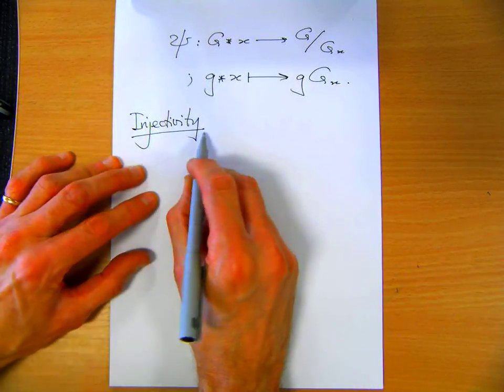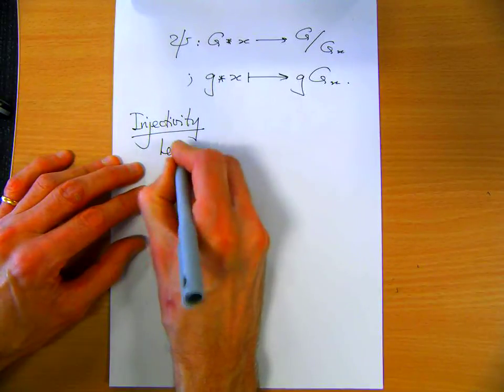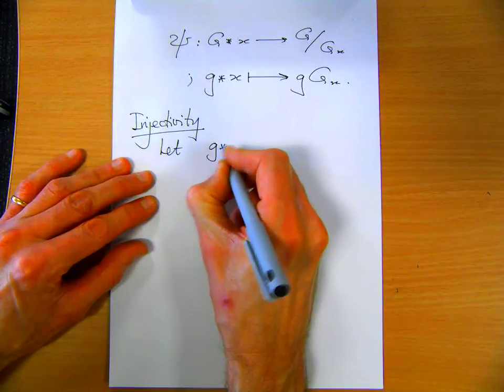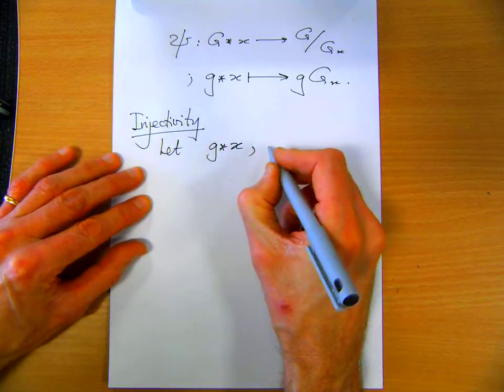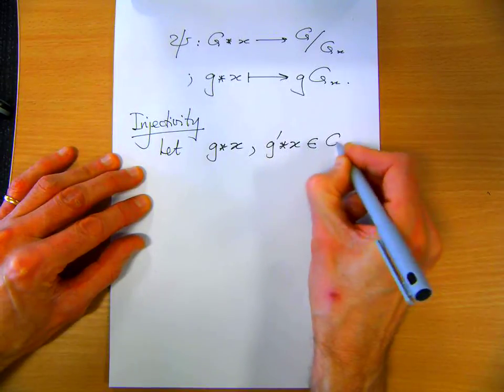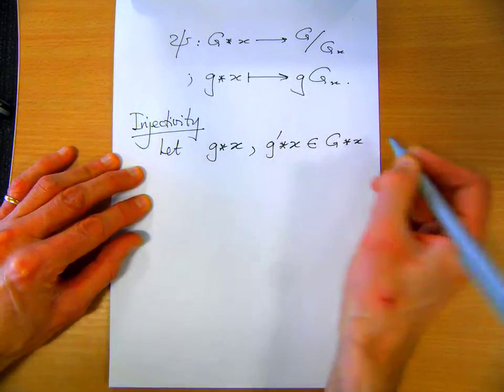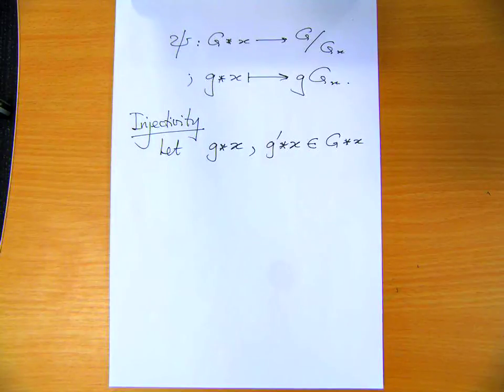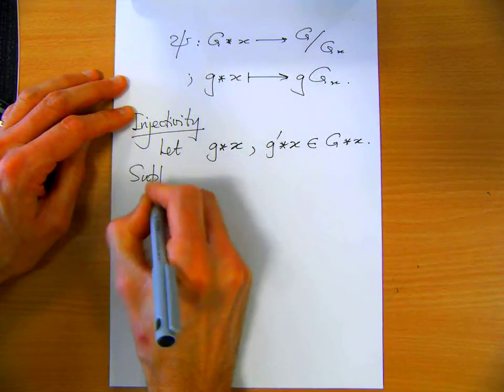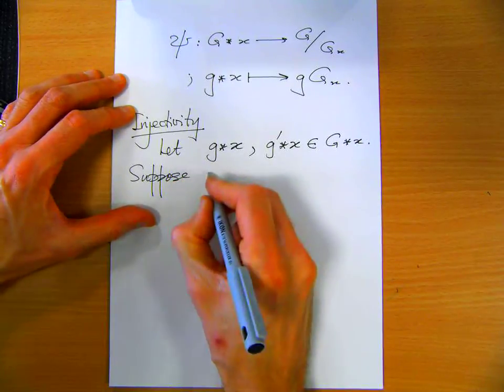So how do we prove a function is injective? We take two elements of the orbit. In principle these could be different elements, and we'll assume that they go to the same place, and I want to prove that then they're equal.